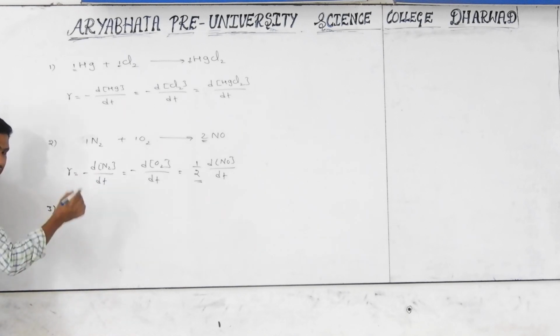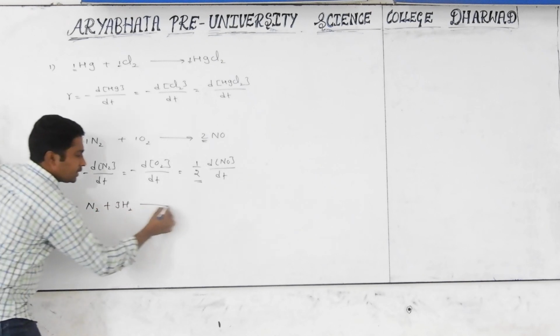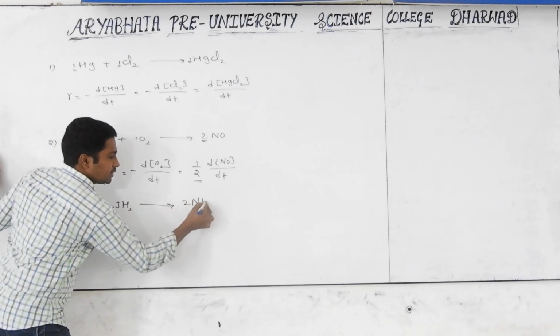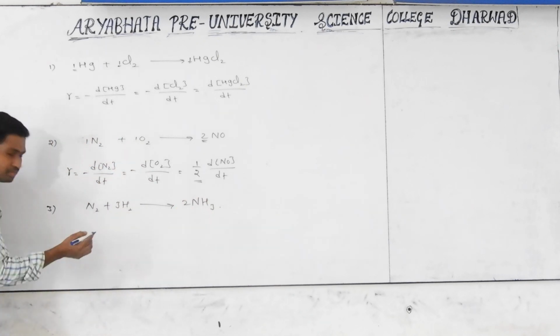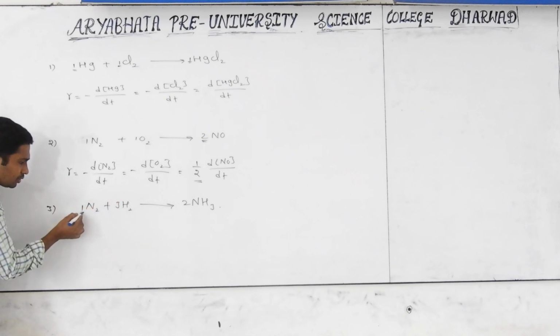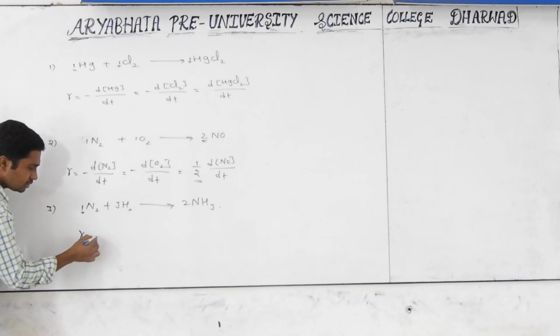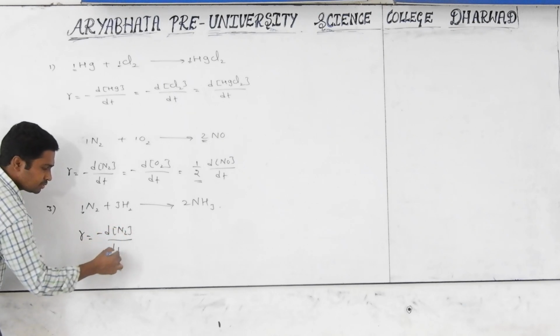Third case, I am telling you, see carefully. For example, N2 plus 3H2 gives rise to 2NH3. How to write the rate of reaction for this? Very simple. Here it is one only, no problem. That's why R is equal to minus of change in concentration of nitrogen by time change.